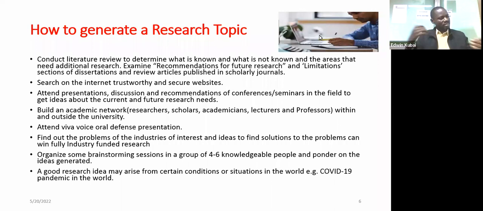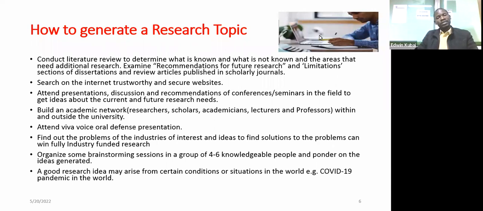You must be accurate in responding to questions, and you must be precise, so that they don't return you back to the drawing board. There are students who reach defense level. You have done your project, you have collected your data, you have reached the end. At that end of oral defense, you are told, change the topic. This topic is not relevant.